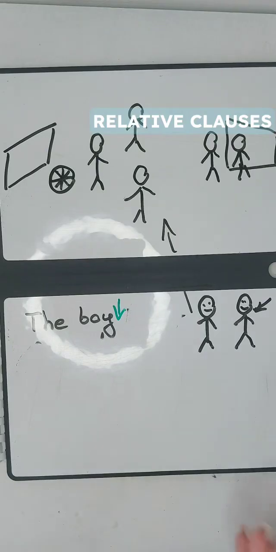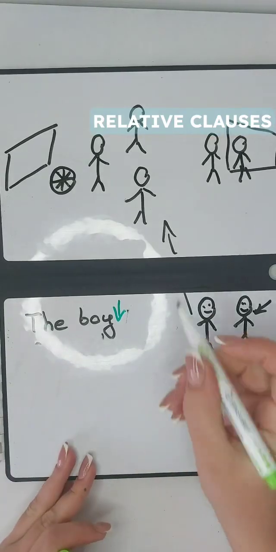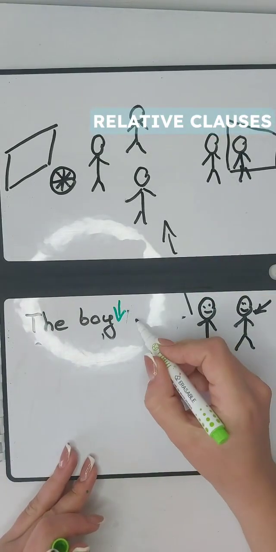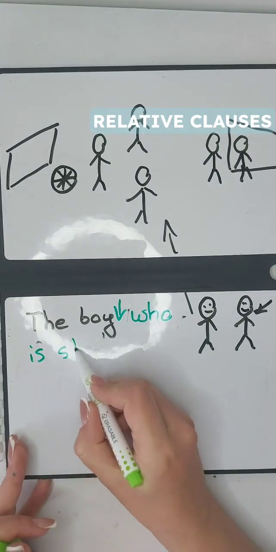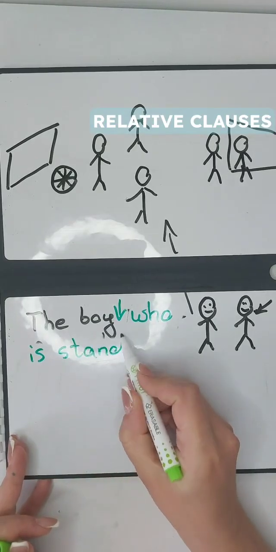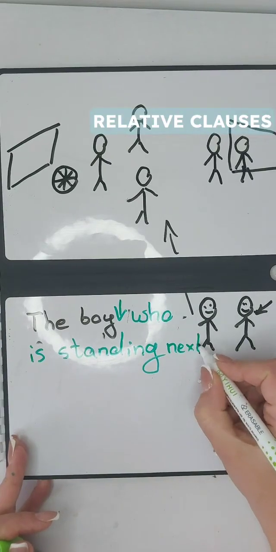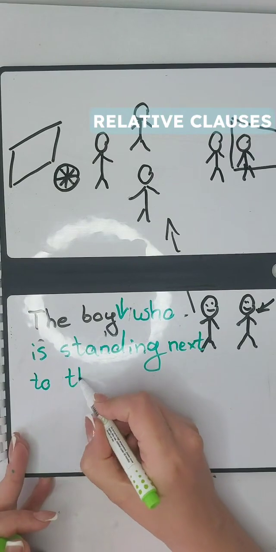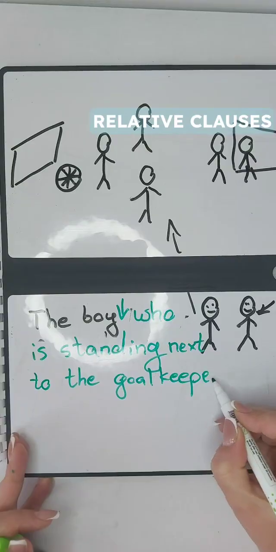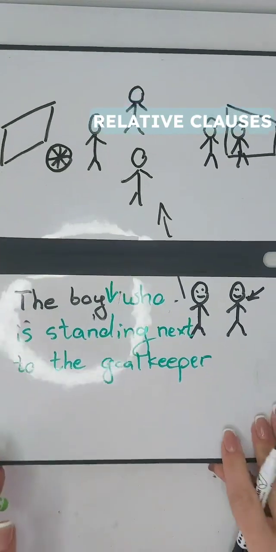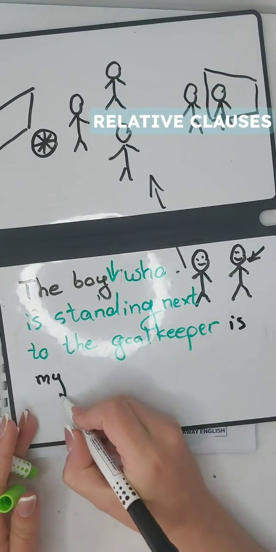And instead of saying the boy is my friend, I'm going to say the boy who is standing next to the goalkeeper is my friend.